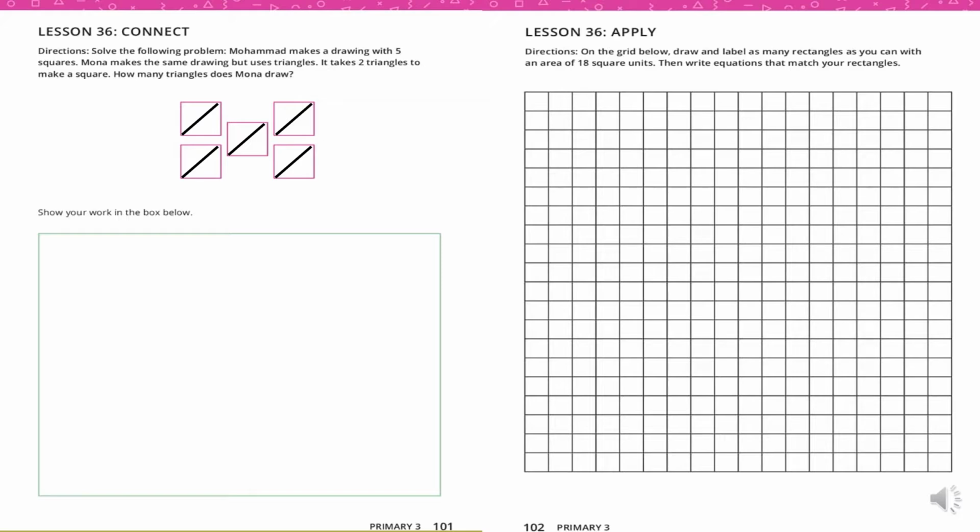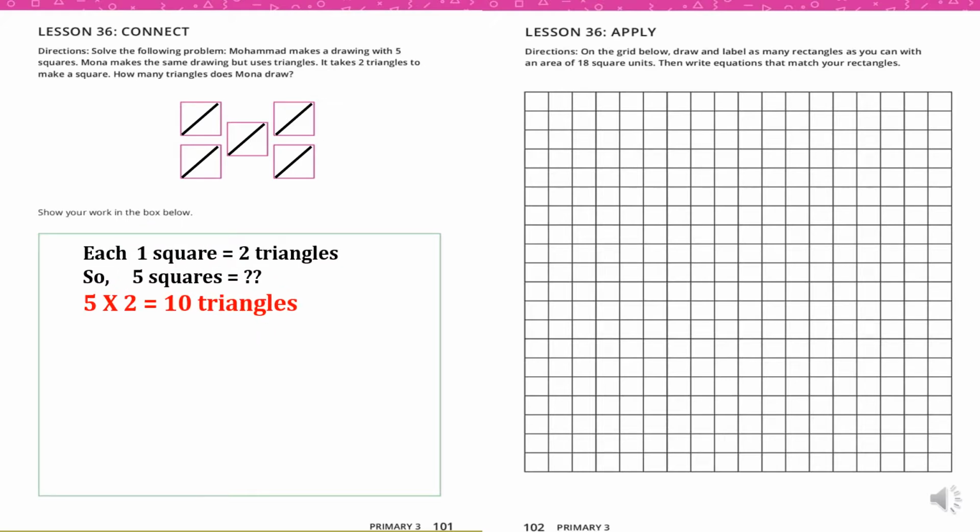So, how many triangles in all? If one square uses 2, so 5 squares use what? 5 times 2, because each square contains 2 triangles. So 5 times 2 equals 10 triangles.